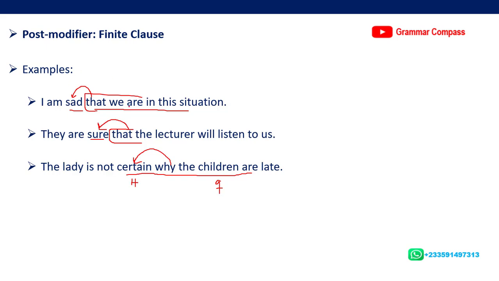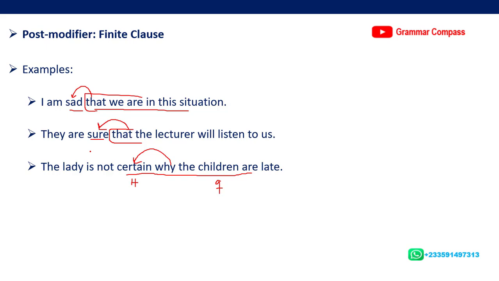So these are instances where clauses qualify the adjective head. I hope you can give your own examples. Look at the examples here and try to write down a similar structure where the adjective head is qualified by a clause.